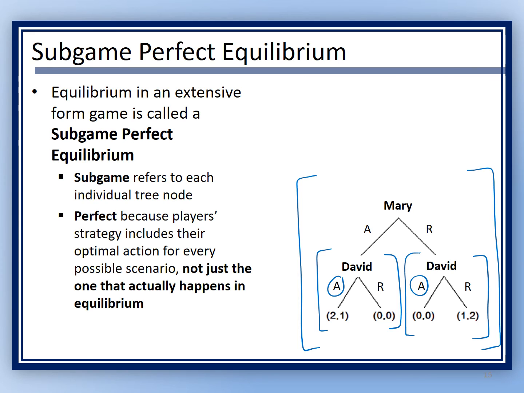Let's say this is David's strategy: he's going to choose the action movie always. That's suboptimal in the right-hand case, right? In the right-hand case, if Mary has really chosen the romance movie, it is not in David's benefit to choose the action movie.